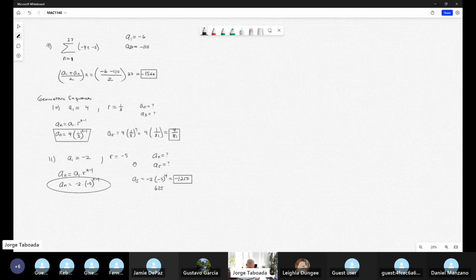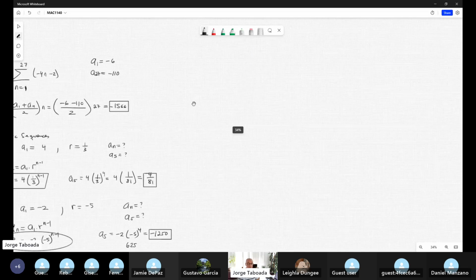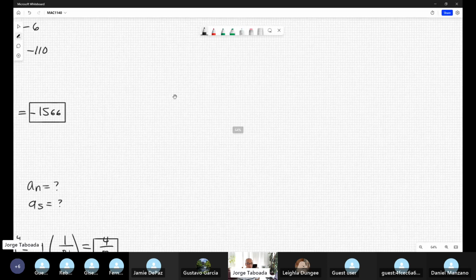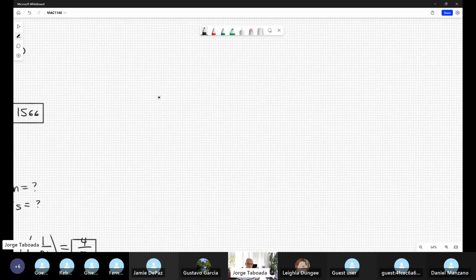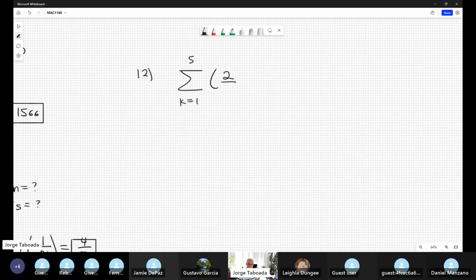Okay, number 12 and number 13 are also summations but in a geometric sequence. Let me show you. Try to find number 12. Summation from k equal 1 to 5 of 2/3 multiplication 2 to the k power.